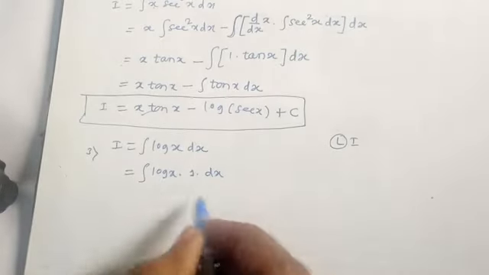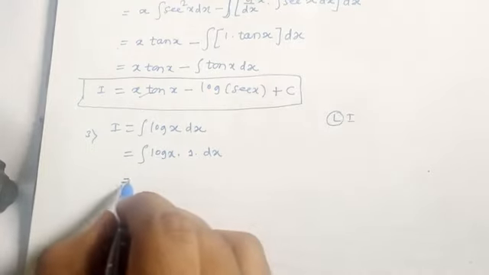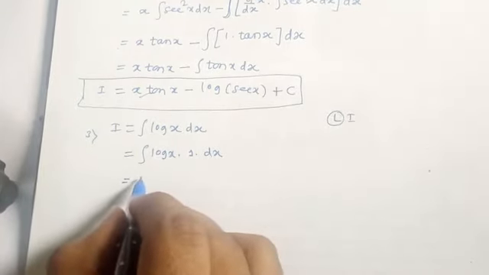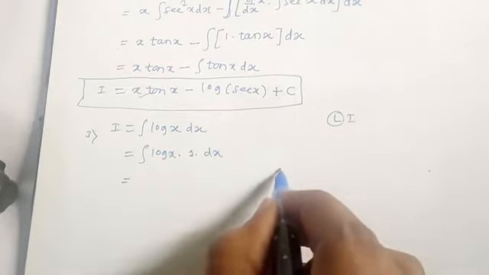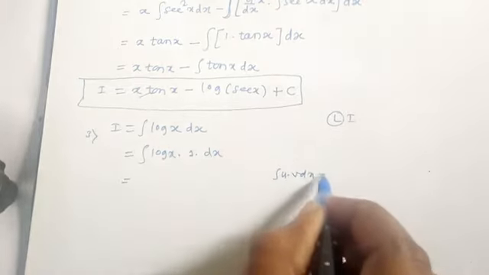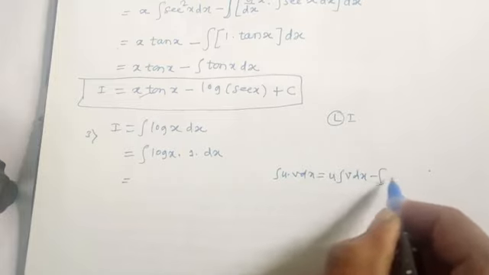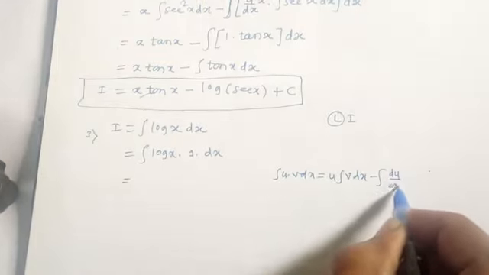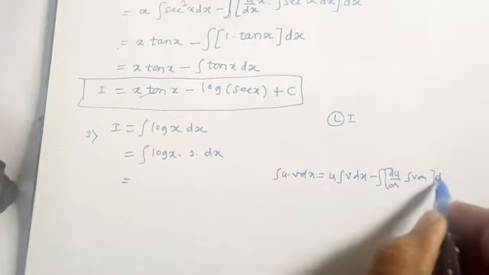Then we use the by-parts rule, or product rule for integration, where the first term is log x and the second term is 1. The integration of u into v dx is u times the integration of v dx, minus the integration of the derivative of u into the integration of v dx, and again the whole dx.